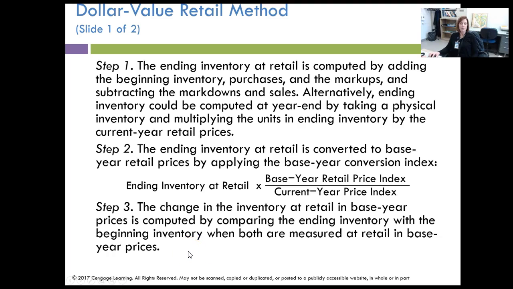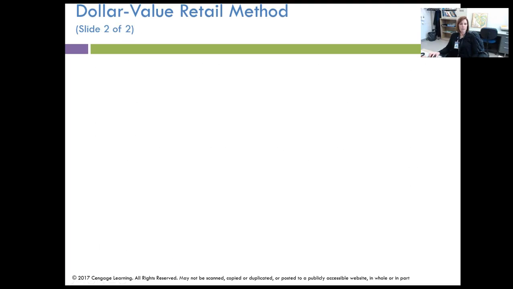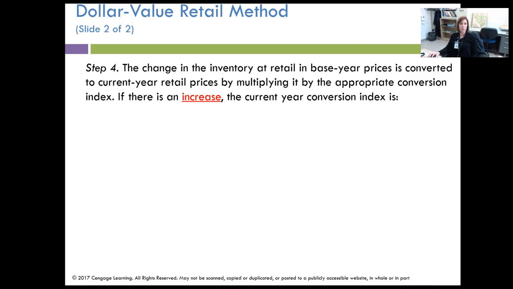As I said, in a minute we'll go through a slide which does this in numbers and it will be easier. So the change in inventory at retail and base year prices is converted to the current year retail prices by multiplying it by the appropriate conversion index.